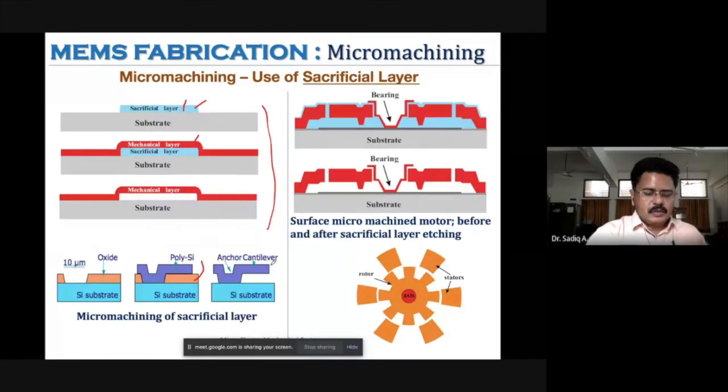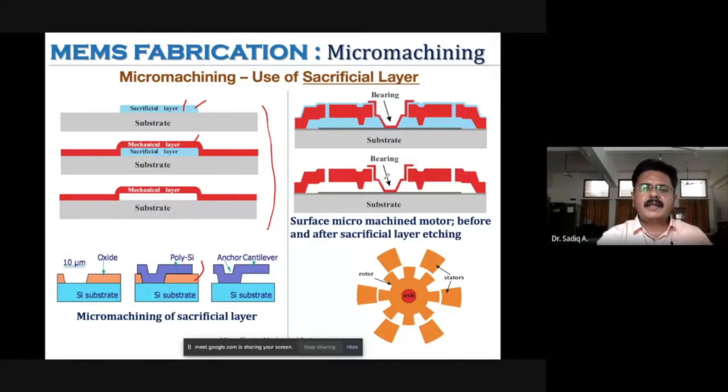This method is used extensively in many applications, including making motors. This is a micron level motor, a surface micromachined motor. Here there is a sacrificial layer. There are many depositions, and after depositing, the unwanted layer will be removed so that it will appear like that.